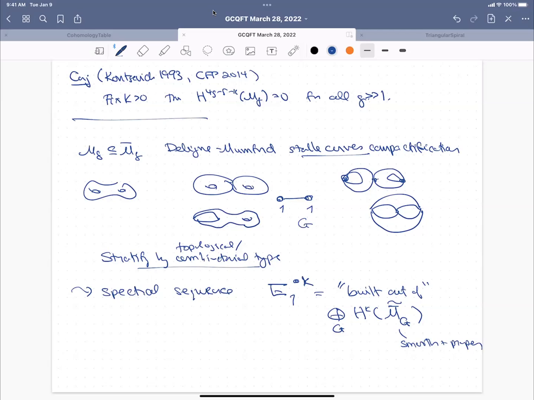And so the H^k of a smooth and proper variety or DM stack has pure weight k. So in this row, everything there is weight k. And the theorem of Deligne says that there are no non-zero maps between Hodge structures of different weights. And so the spectral sequence collapses at E2.